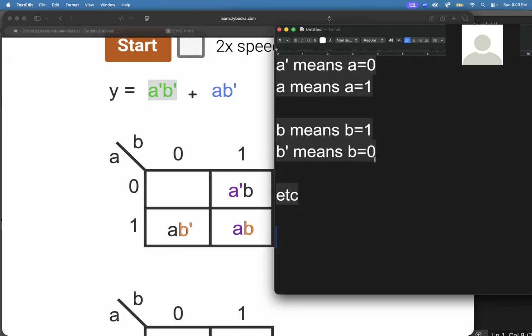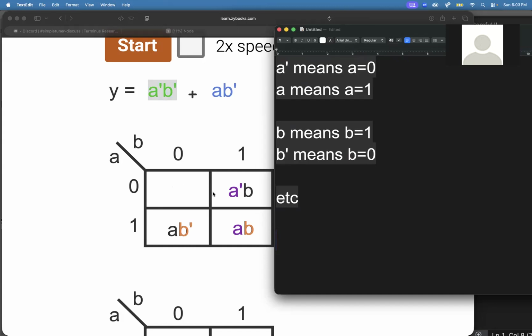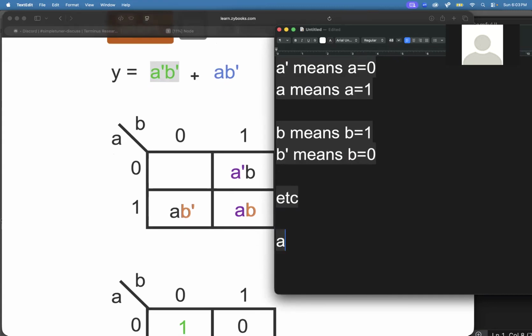When you are doing these, this box right here, the top left box, is the not A, not B box because it's 0, 0. A is 0, B is 0. And then the box here, A is 0, so that's not A, but B is 1, so that's B. So that's A is 0, B is 1. Down here, A is 1, so that's A. B is 0, so that's not B. And then the bottom right box is A1, B1, so AB.